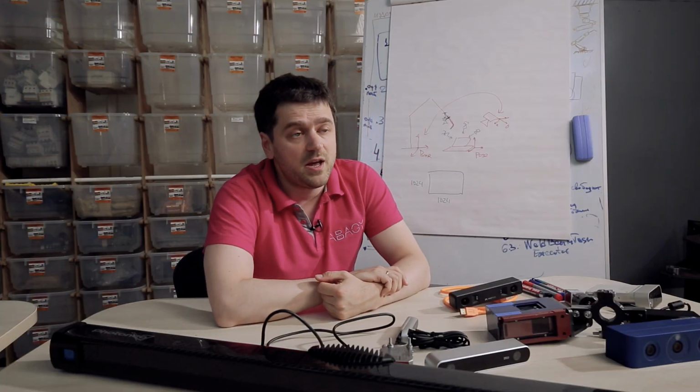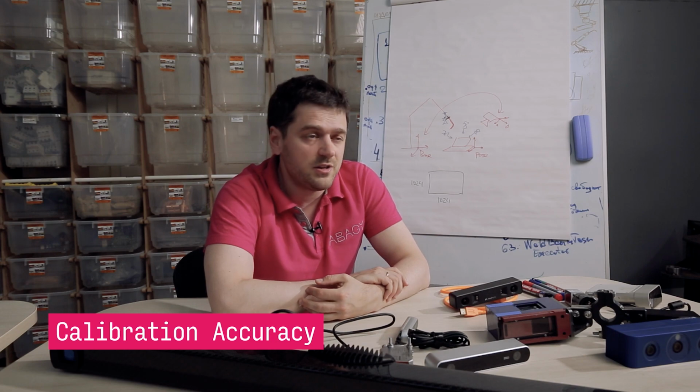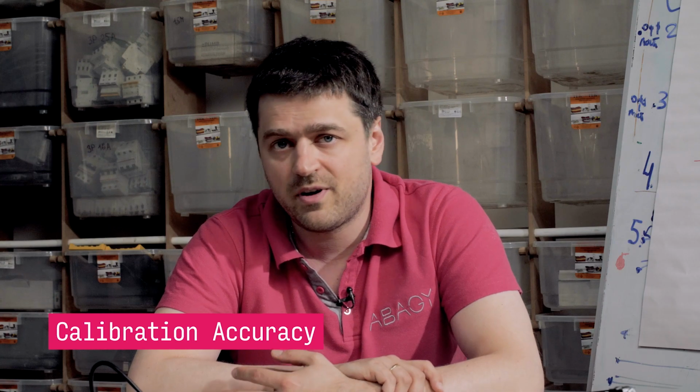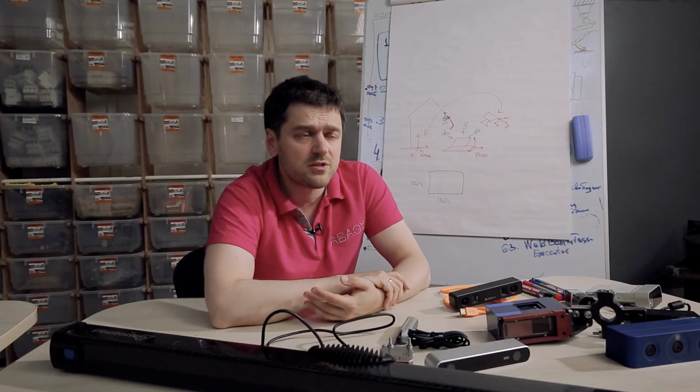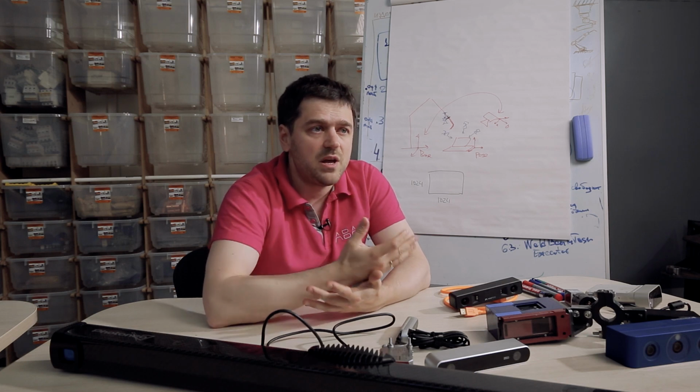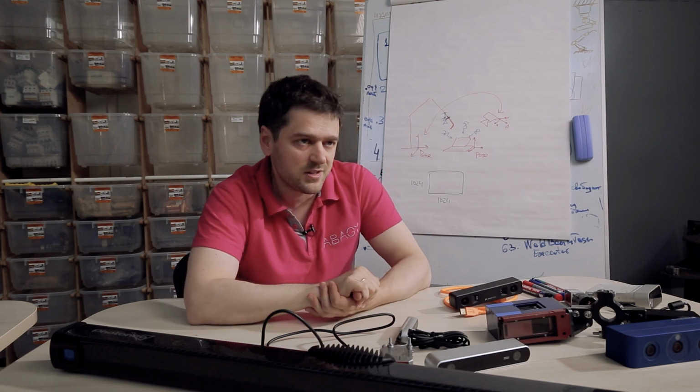The next parameter is calibration accuracy. And calibration accuracy is not provided by all vendors, but provided by some. And it's actually the most integral parameter that can be measured, and it can be understood as space deformation in the eyes of the device.